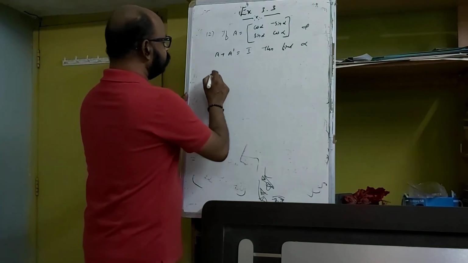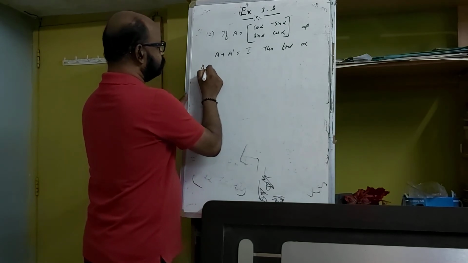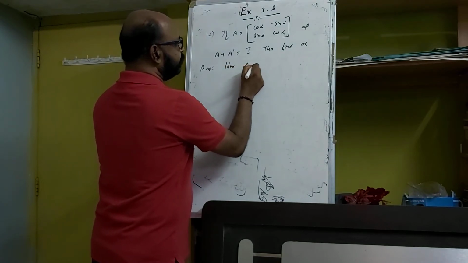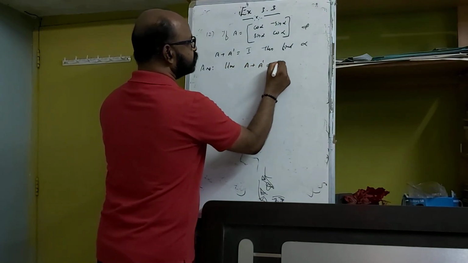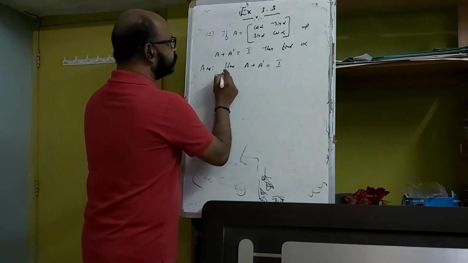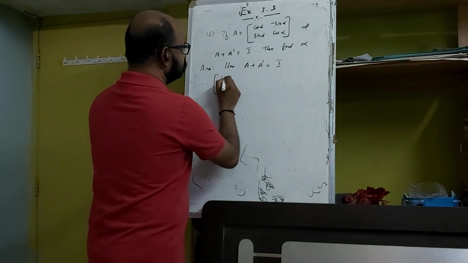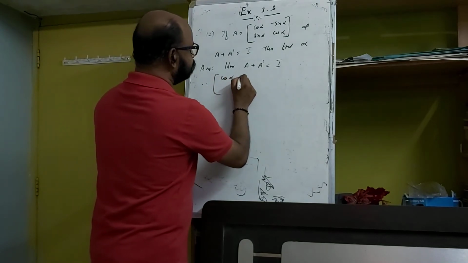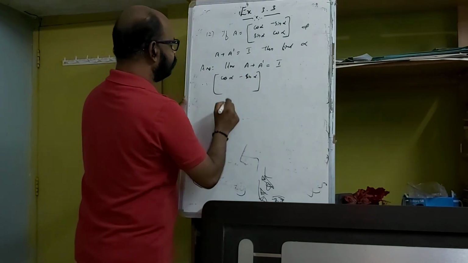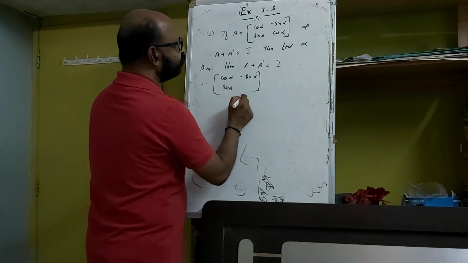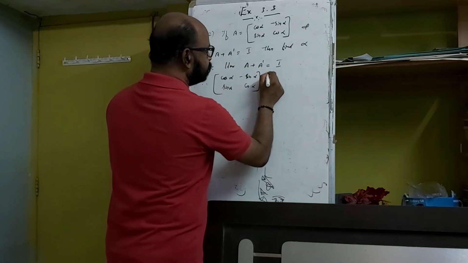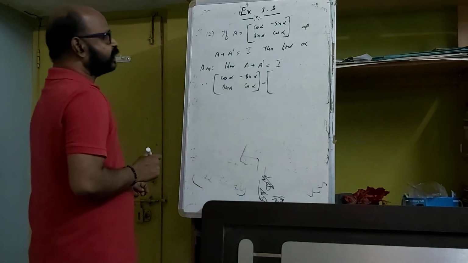Okay, so when you come to the answer, here A plus A transpose is equal to I. Therefore, matrix cos alpha, minus sin alpha, cos alpha, plus, okay, A transpose.